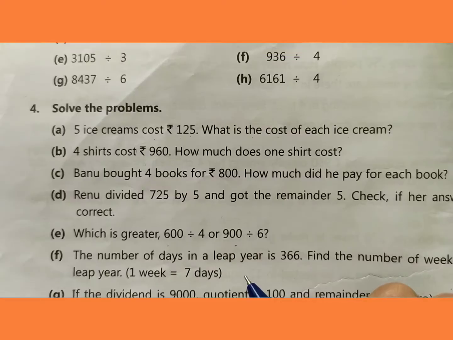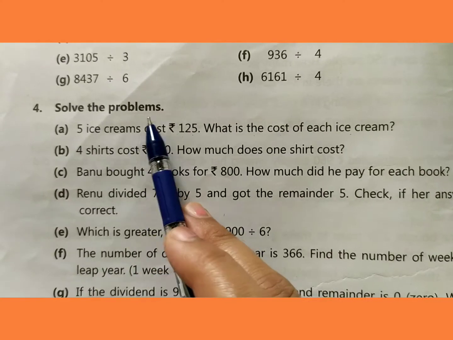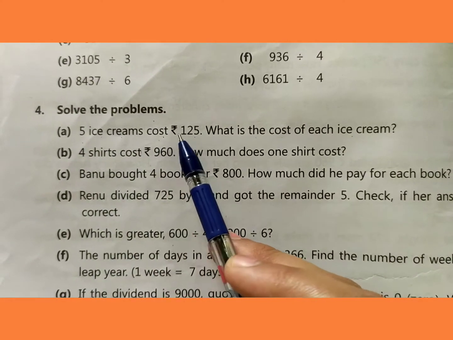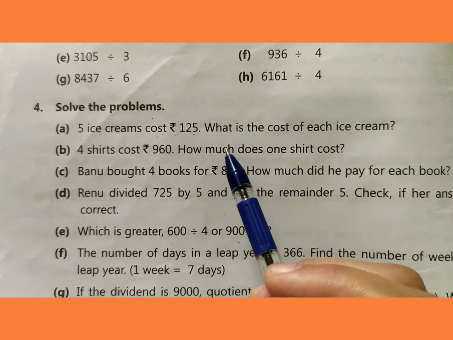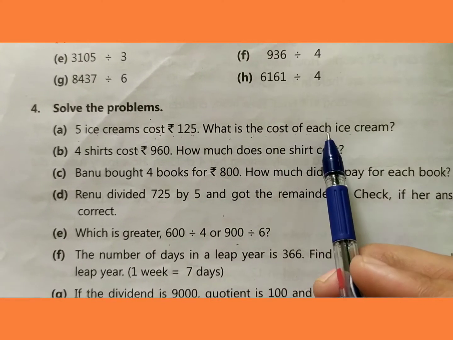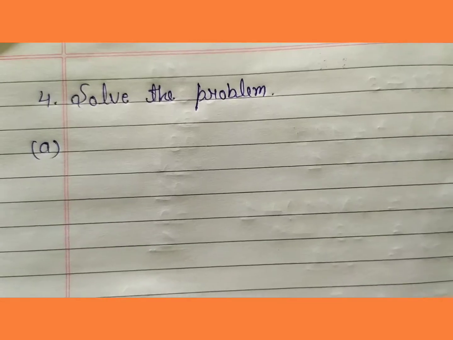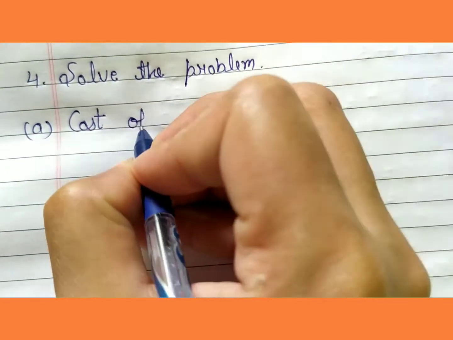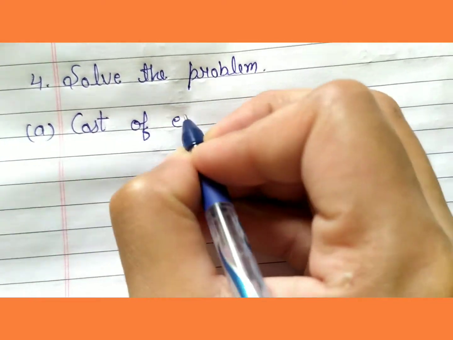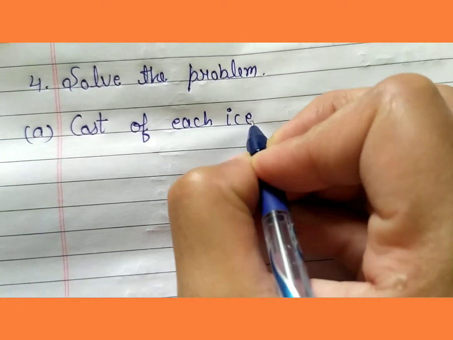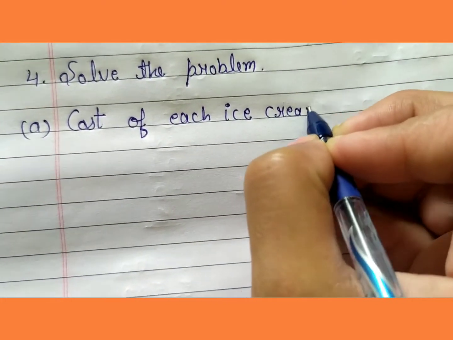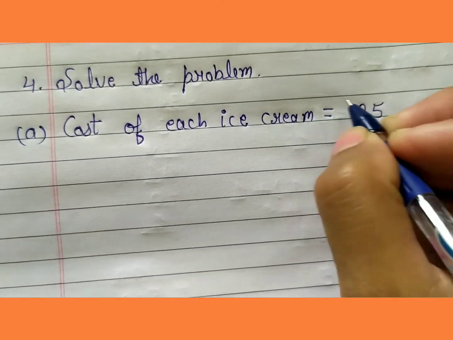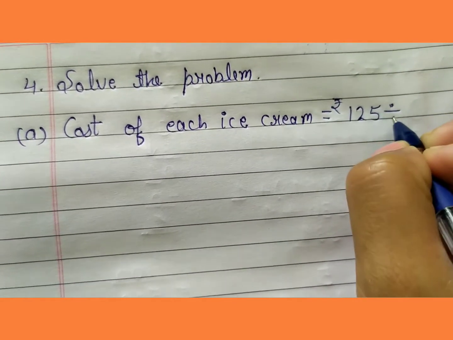Okay children. Question number 4. Solve the problems. First is 5 ice creams cost rupees 125. What is the cost of each ice cream? Write cost of each ice cream equal to 125 divided by 5.